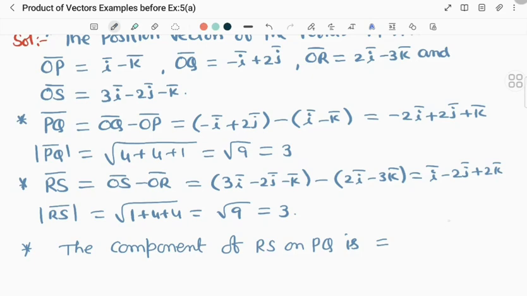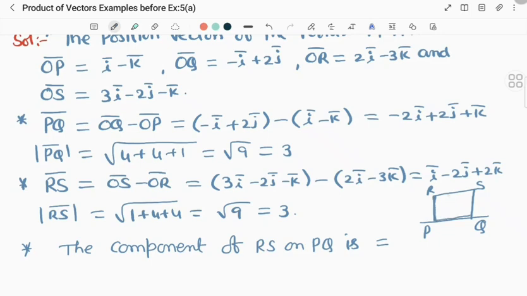On PQ bar it is saying, the figure will come like this. This is PQ, RS. This is RS. The component of RS on PQ means this is the component.